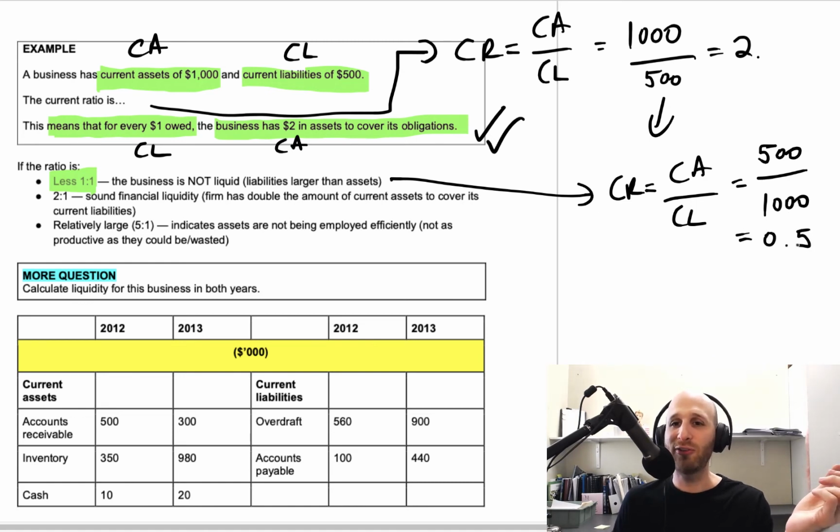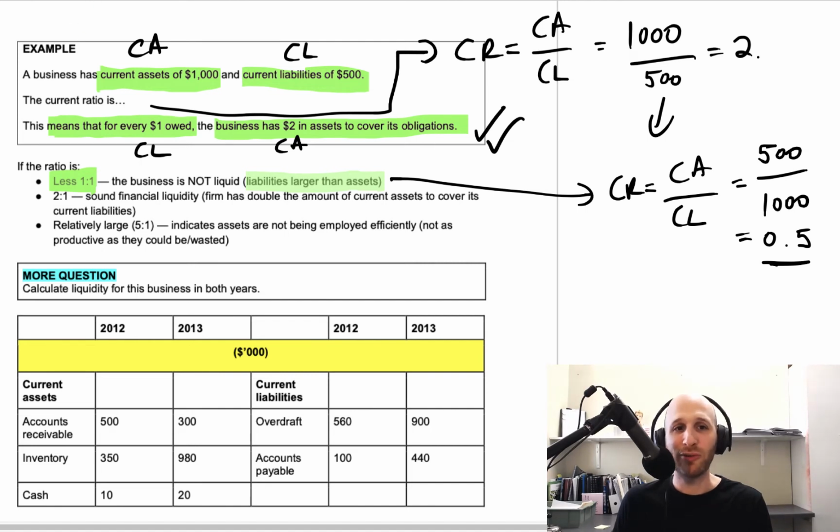That's a tricky situation because for every dollar owed, there is only 50 cents worth of assets. Liabilities are larger than assets. So if it's less than 1-to-1, watch out.